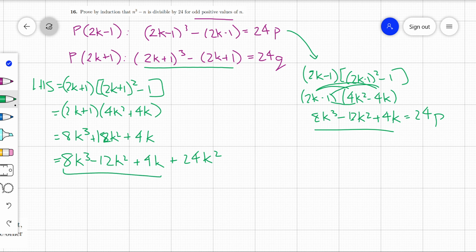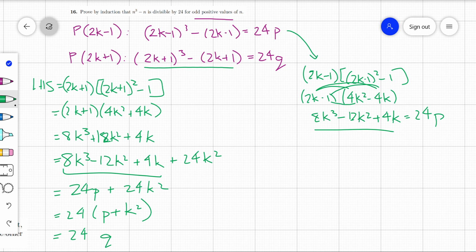So from our assumption, from our P of 2k minus 1, we can say that part is 24p. And then we've got 24k squared left over. So we can factorize by 24 to show that it's divisible by 24. So we've got 24q, because p and k are both integers, so that works out fine.